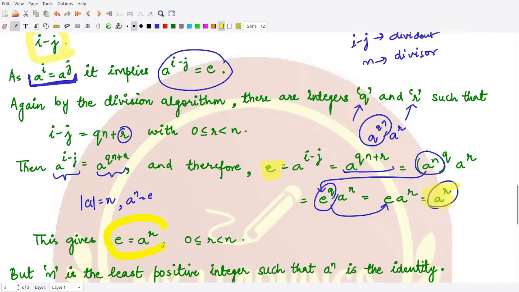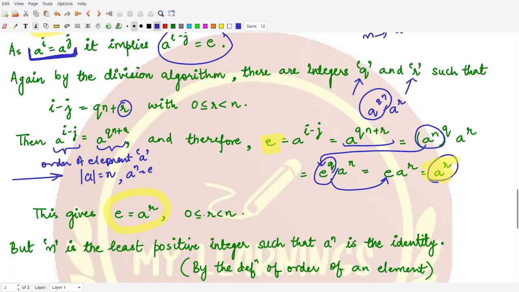So we have this thing, and the condition on r is that r is lying between 0 and n. Now remember that we considered this n as the order of the element a, right? So now we have a to the power r as equal to e, and this r is smaller than this n.